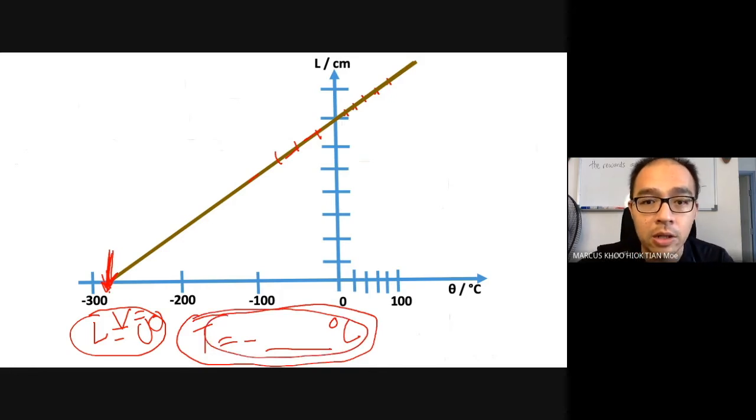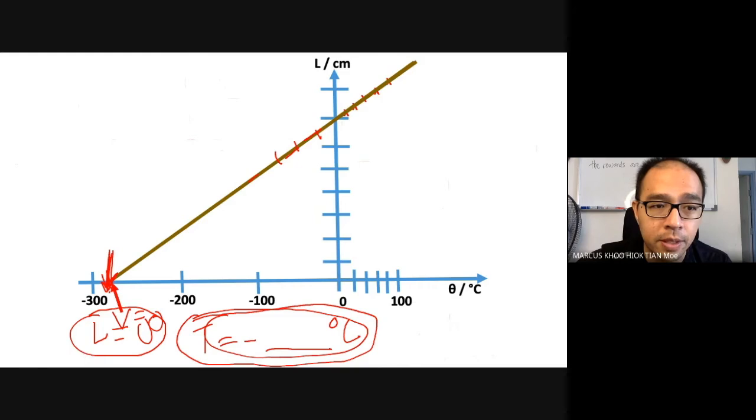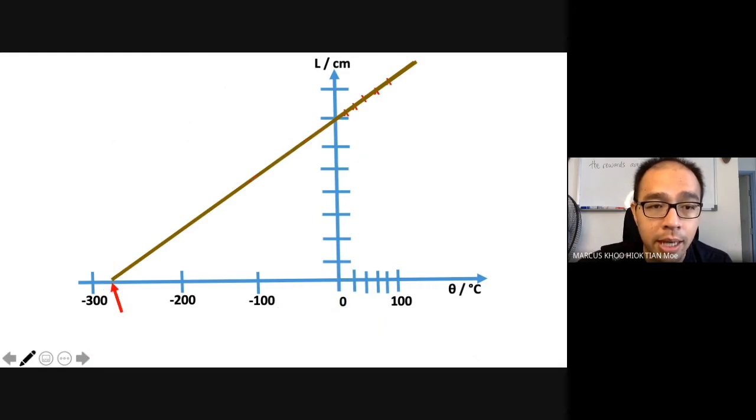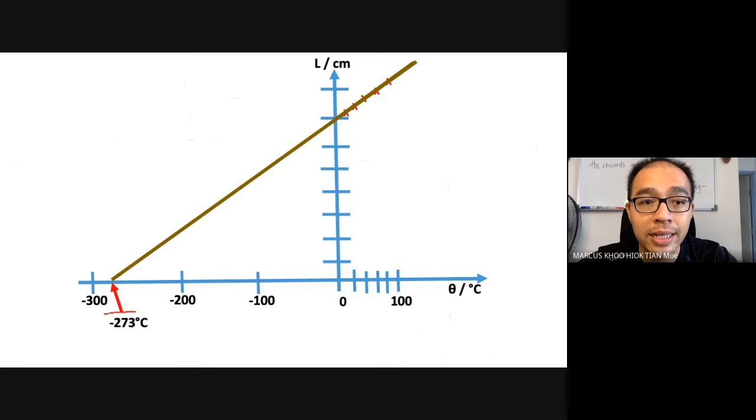Let's take a look. This value over here that you see is actually a very standard value, and we call this negative 273 degrees Celsius.